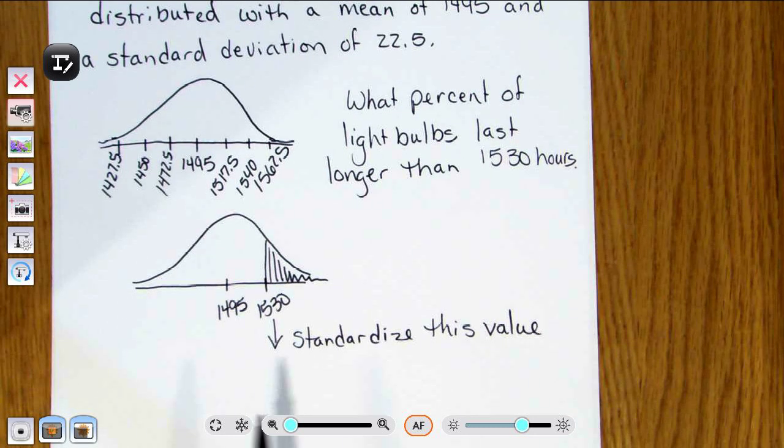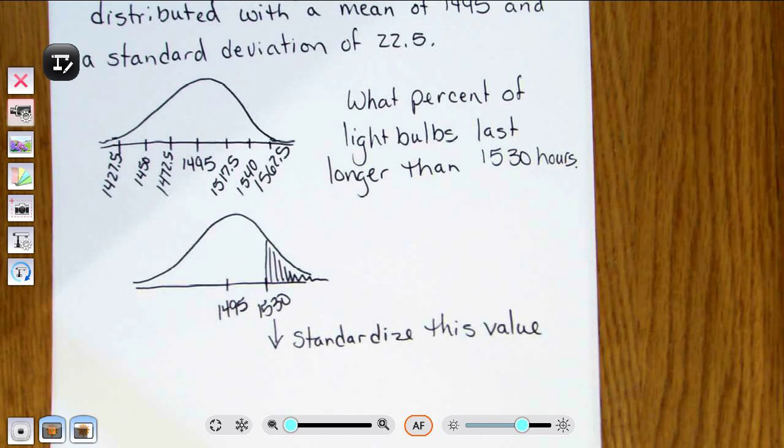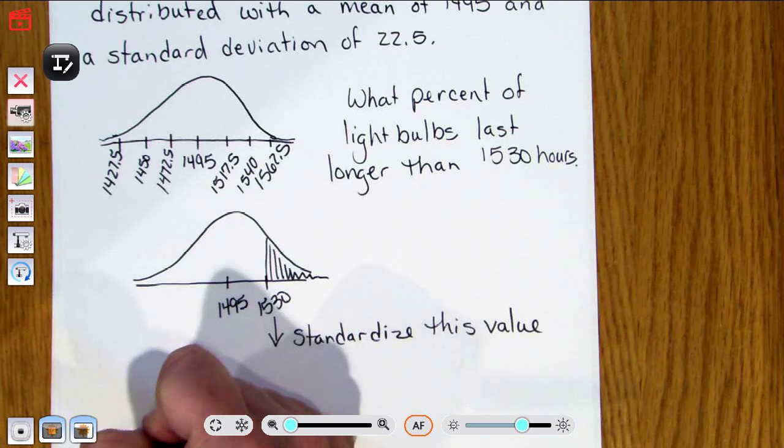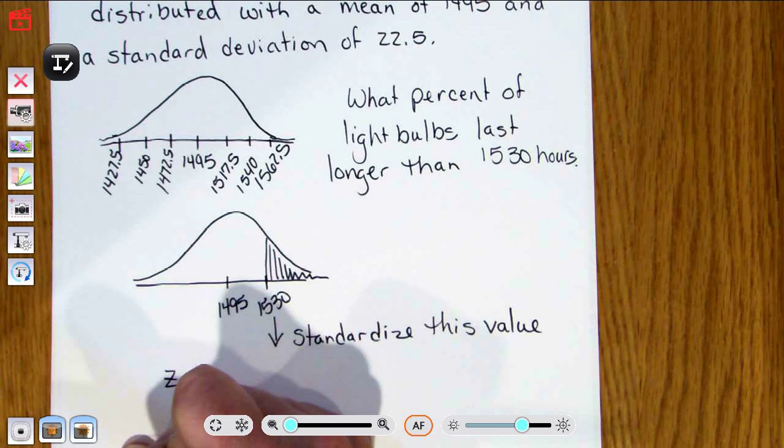We're going to transfer this number to the standard normal curve, which has a mean of 0 and a standard deviation of 1, so that I can then use the table from the last video. To standardize, we calculate something called a z-score.